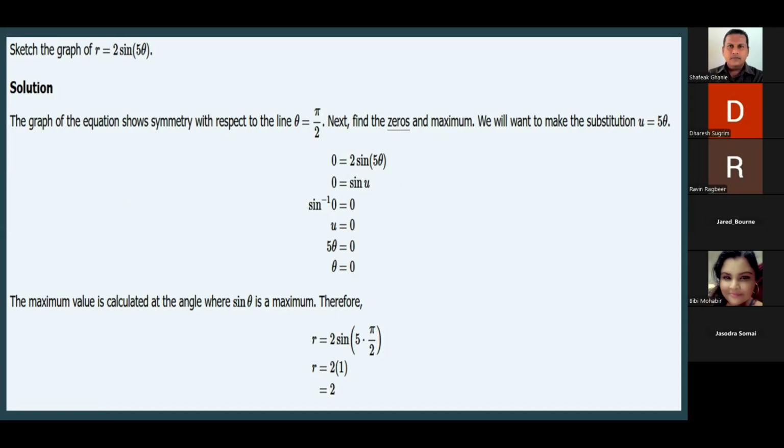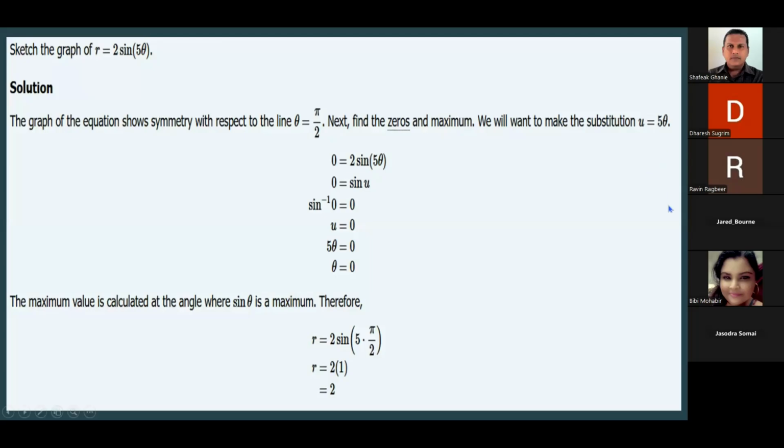Now, to find the maximum value, when sine is at its maximum, therefore r is equal to 2 sine of 5 times pi over 2. And we have there that r is equal to 0 when we work the equation.